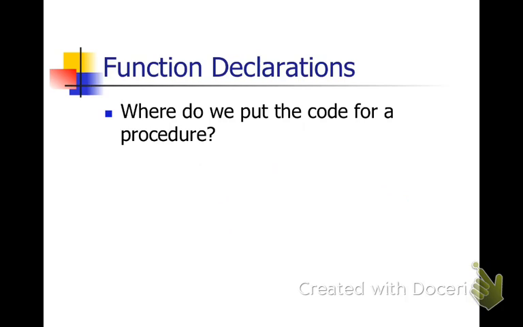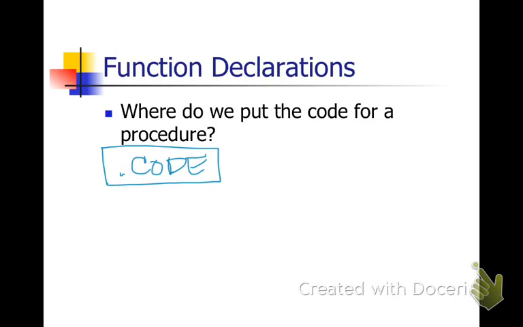Okay? So, here's the deal. Where do we put the code for a procedure definition? It is always going to follow a code directive. So, either in the calling code or in a separately stored file, it's going to follow or be part of a code segment.